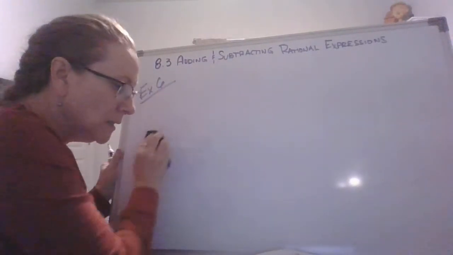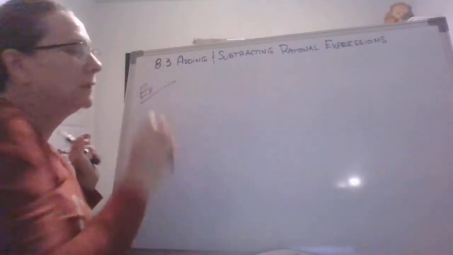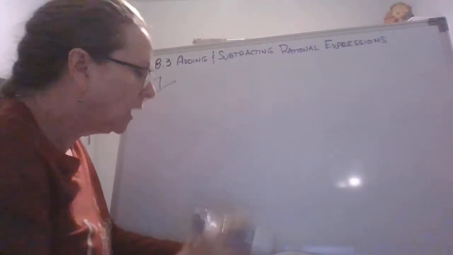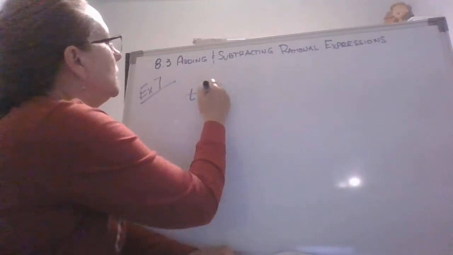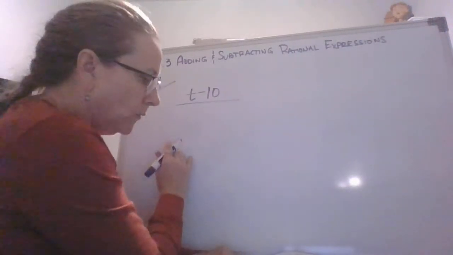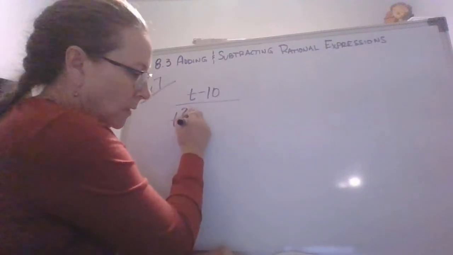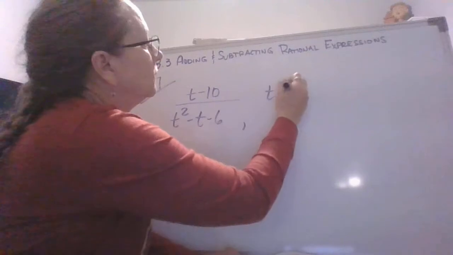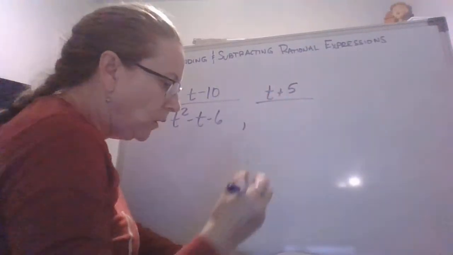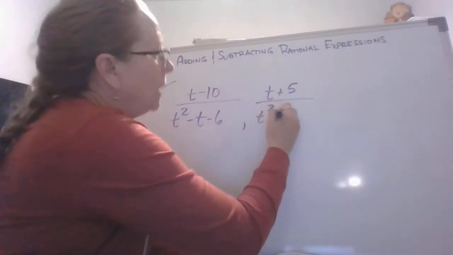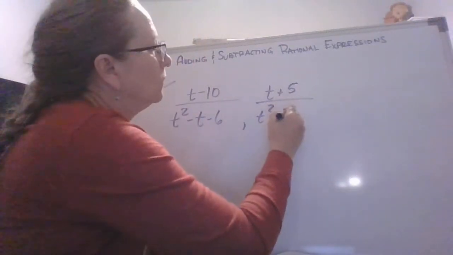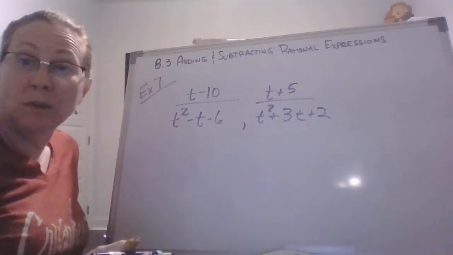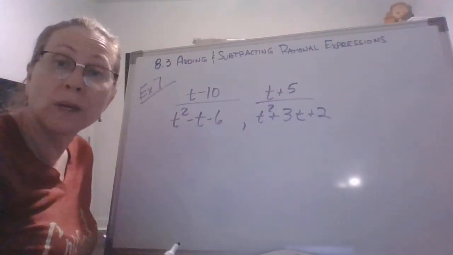All right, next one. So that was 6. This is example 7. So we've got t minus 10 over t squared minus t minus 6 and t plus 5 over t squared plus 3t plus 2. All right, so both of these need to be factored, both denominators, before we find our LCD.